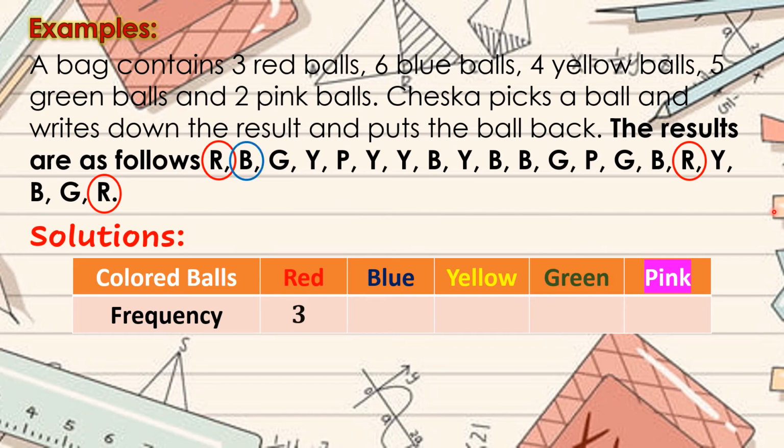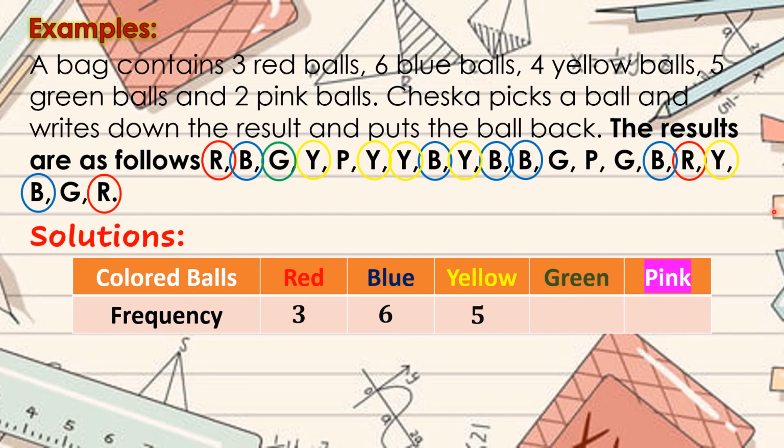For blue balls, 1, 2, 3, 4, 5, and 6. So, we have here 6 blue balls. For yellow, 1, 2, 3, 4, and 5. Ayun, 5 lang. So, 5 beses siyang nakabunot ng yellow balls.